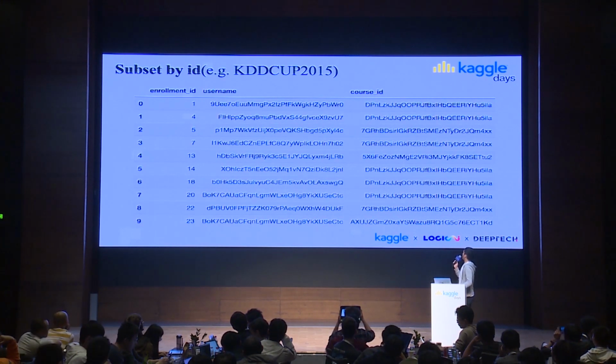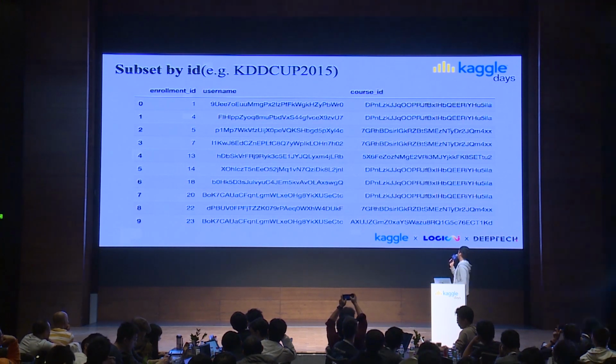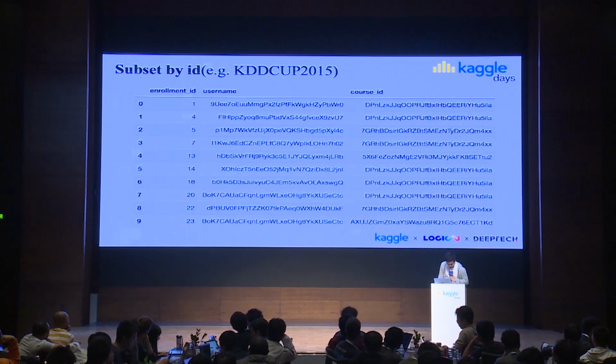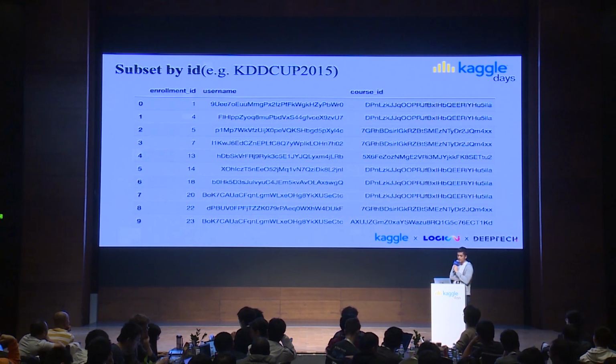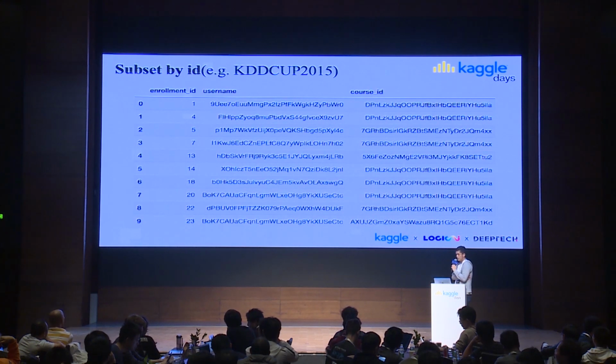And this is KDD 2015. In this competition, we have the enrollment ID, the username and the course ID. We need to predict which user will not come on the MOOC.